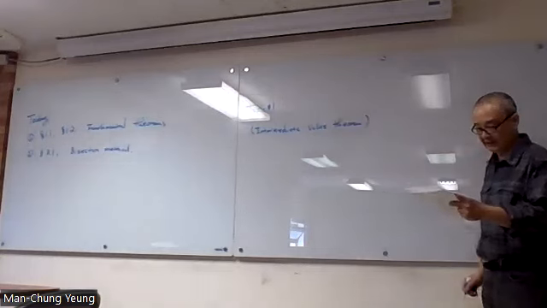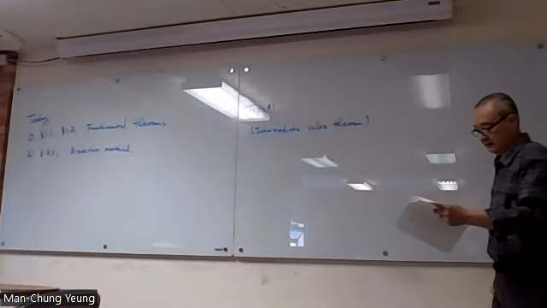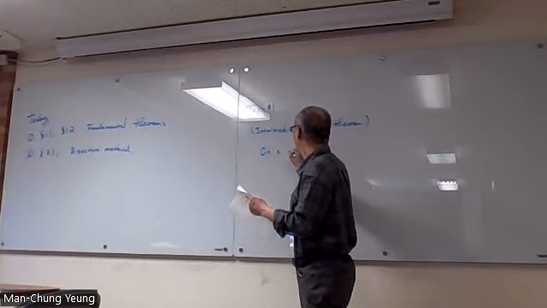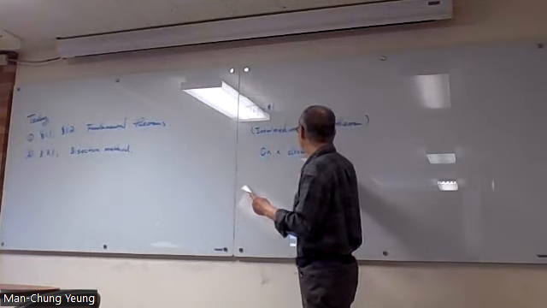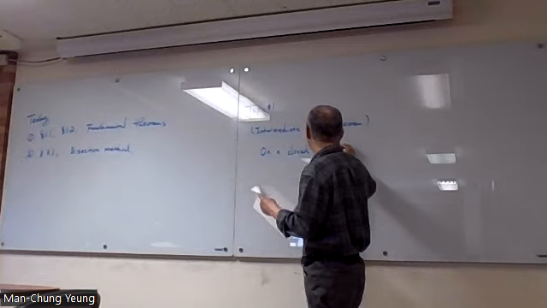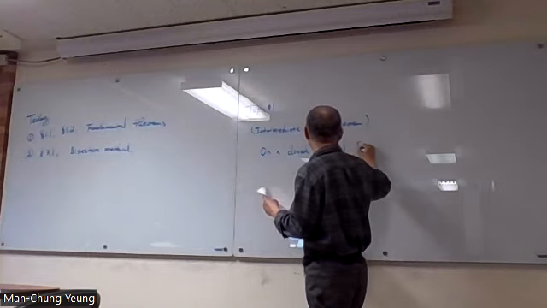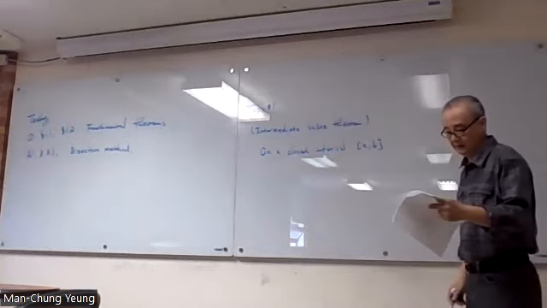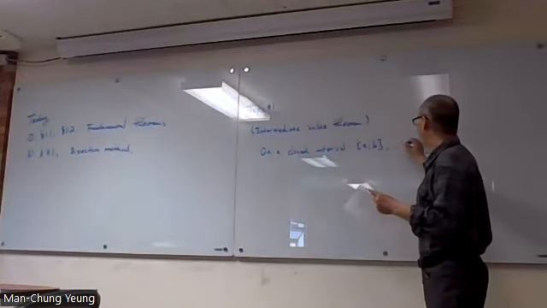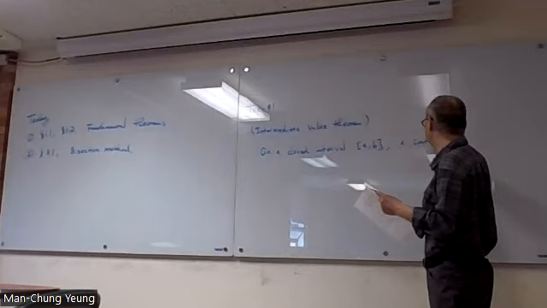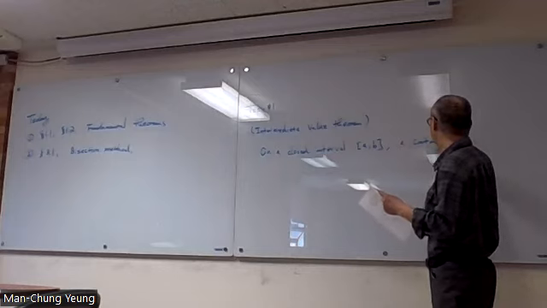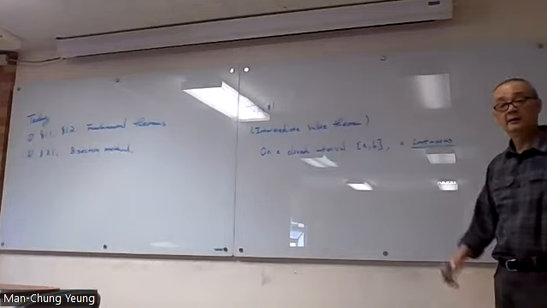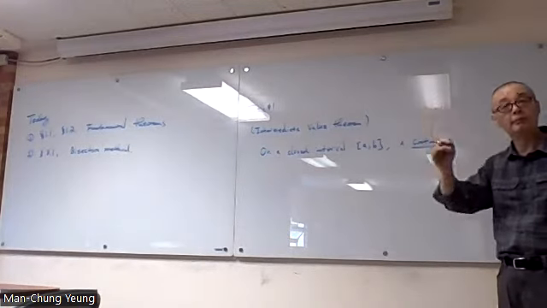This theorem says that on a closed interval AB, a continuous function, this is a keyword, continuous. The graph has no jump, no break.